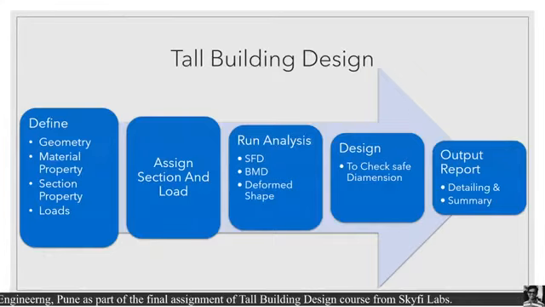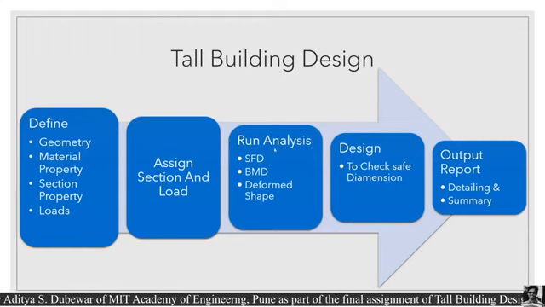After this, the steps involved in the tall building design. This mainly consists of 5 different steps. The first is define. In this, we define the geometry of the building, then the material properties, then section properties and load. The next step is assigning the sections and load.